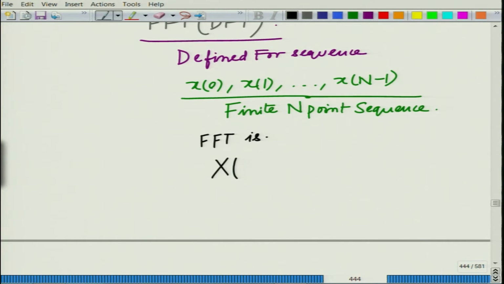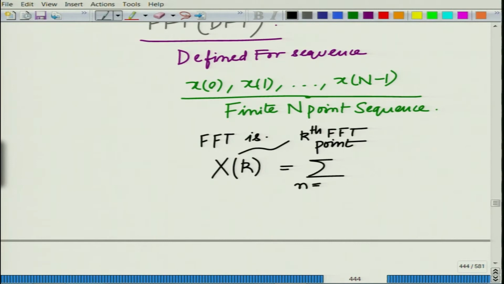that is, if you look at X of k, that is the kth FFT point, or the kth frequency bin. This is given as summation n equal to 0 to N minus 1 x of n e raised to minus j 2 pi k over N. All right.